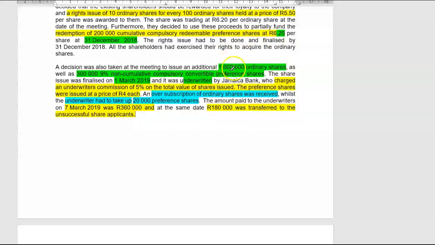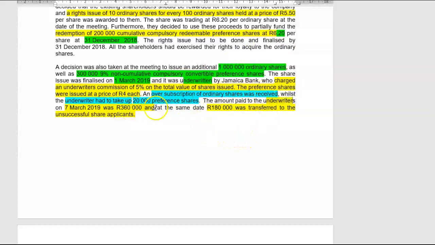We were allowed to issue 1 million ordinary shares. We don't know at what price. That is a big question mark. But 180,000 was the amount that we received over and above the amount that we wanted to raise as capital for ordinary shares. So your starting point here is the amount that they paid the underwriter.